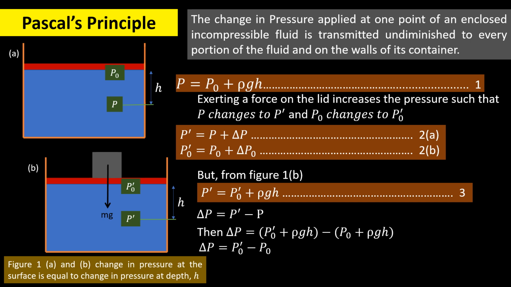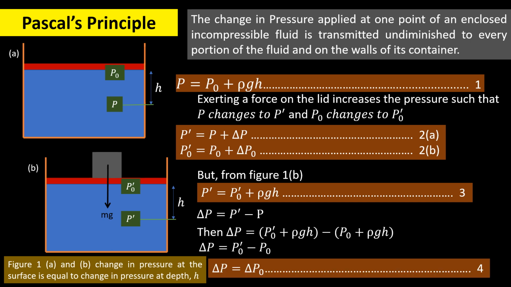But what does this represent? It is essentially equation 2b. The right hand side, P naught prime minus P naught, can be equated to the right hand side of equation 2b.